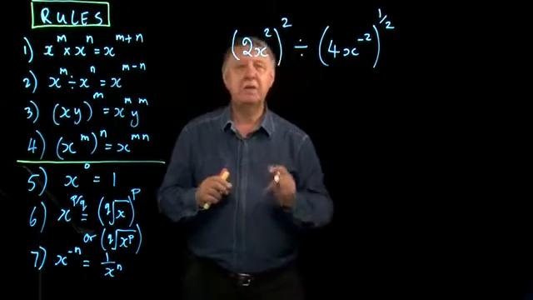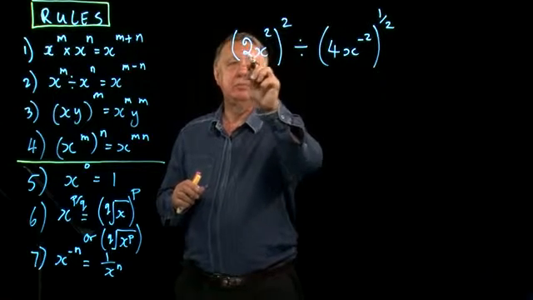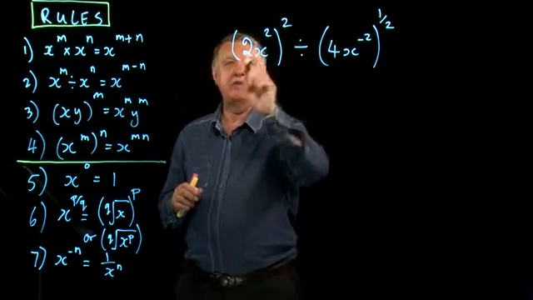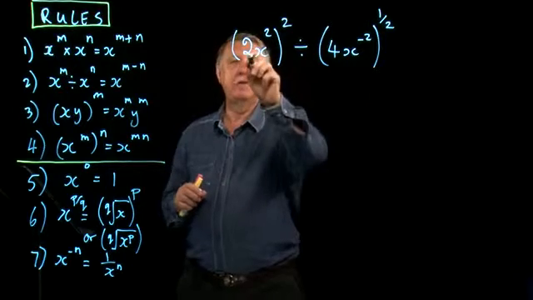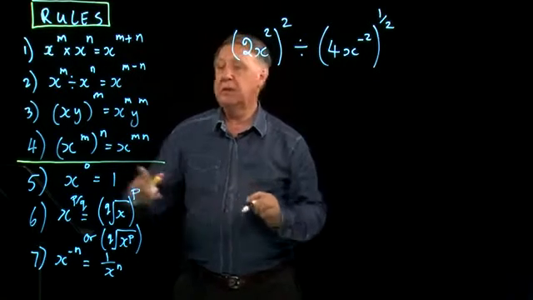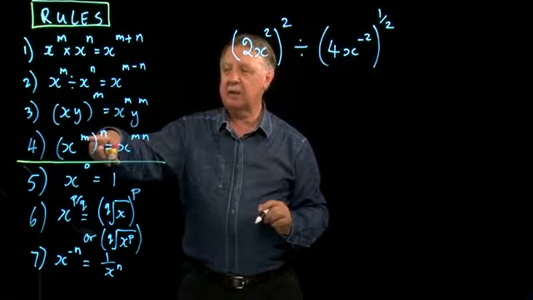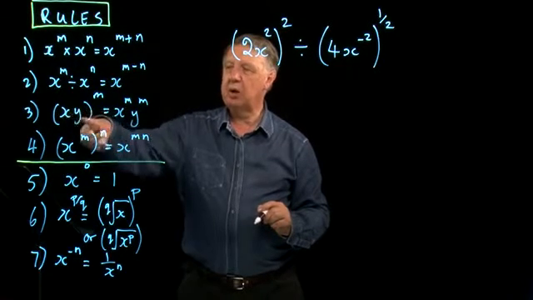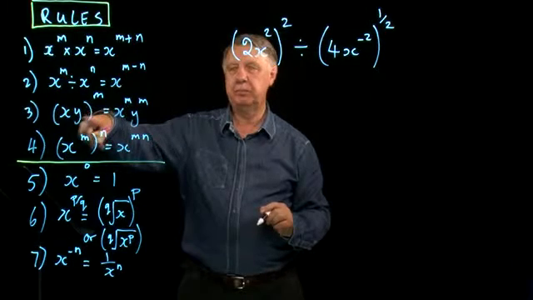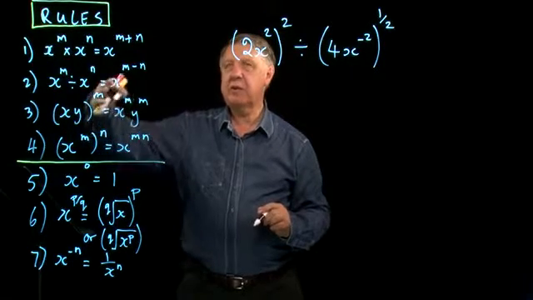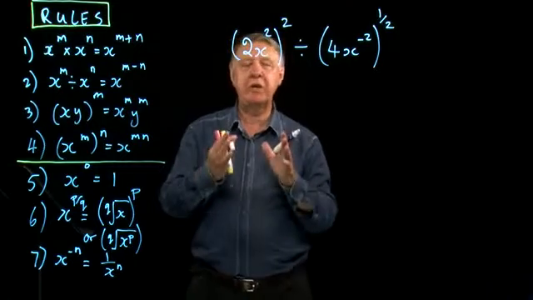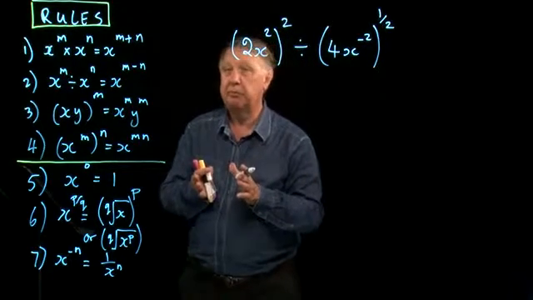The problem is that inside it, there's not a single quantity. There are two things, 2 times x squared. So although there's a power there, it's a bit more like this one. Now, it's very important that you understand which rule you are using.